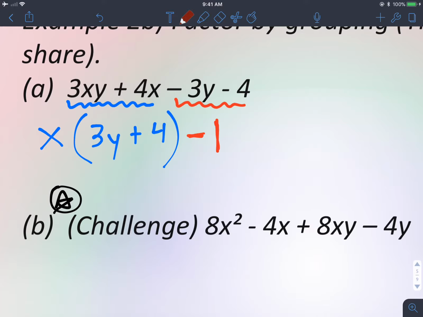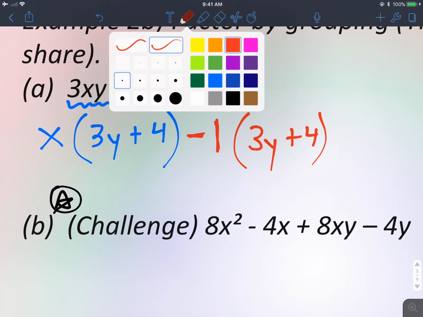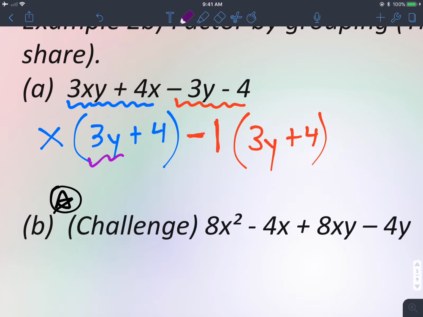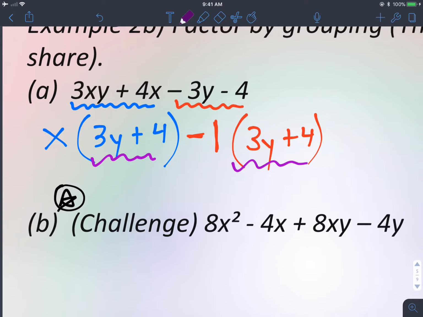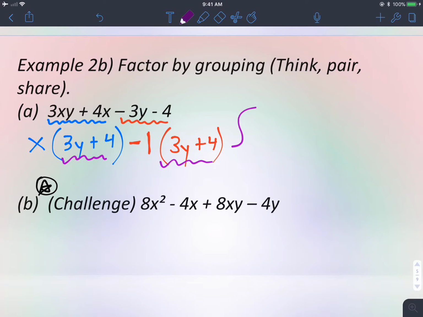Notice how I have to write that minus. And so if I factor out a negative 1, it becomes positive 3y and positive 4. And now I have my match. By the way, order doesn't matter. I could write x minus 1 first and 3y plus 4 second.